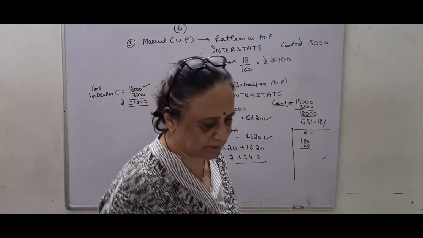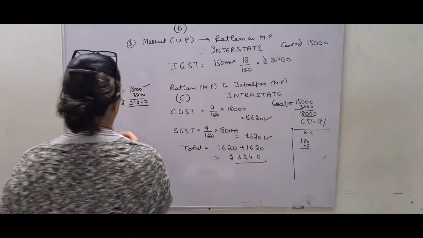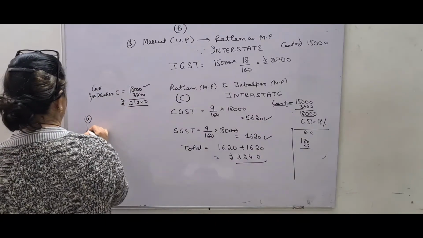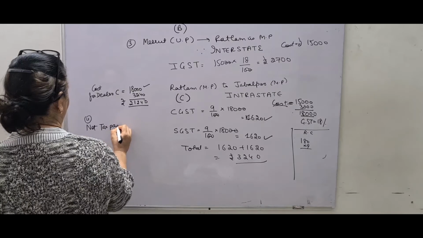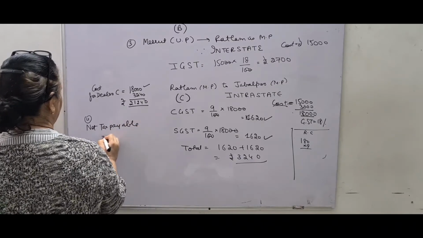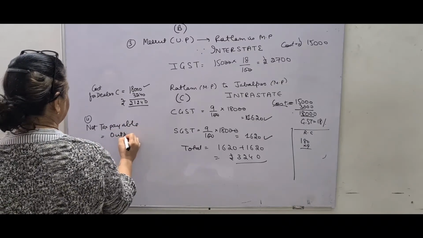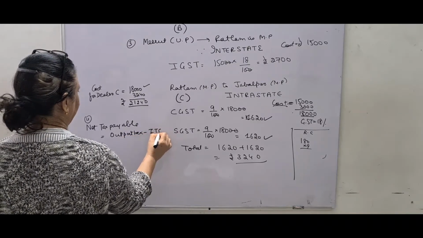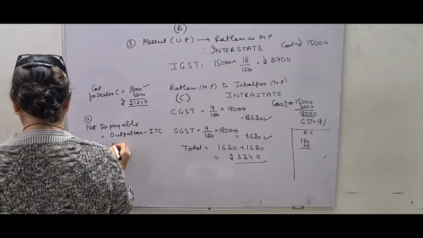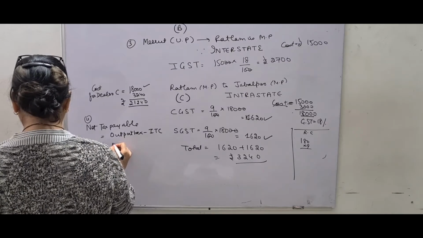The next question is again tax, net tax payable. You know that. Second part, just write like this. Net tax payable will be output tax minus ITC. ITC, you know, input tax credit. You are well aware of that now. So this is very simple now.